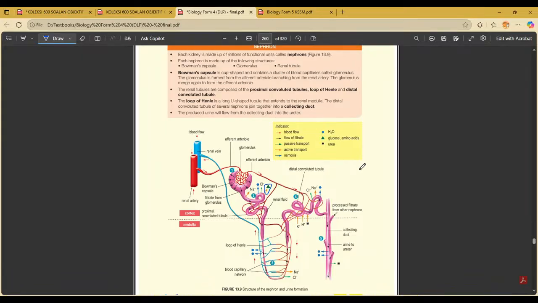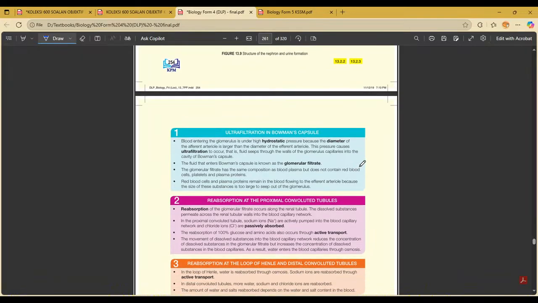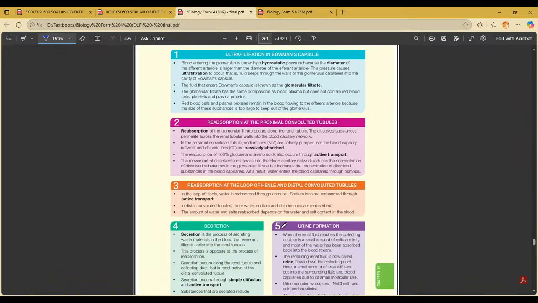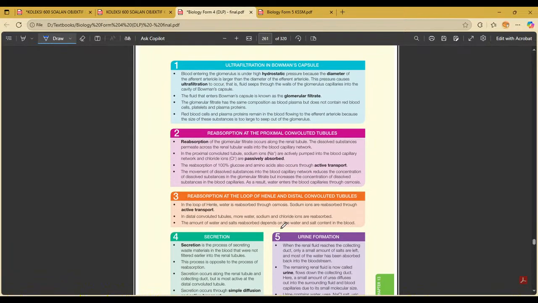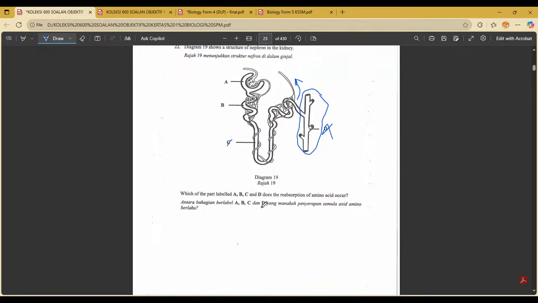Ultrafiltration. Reabsorption of 100% of glucose and amino acids occurs through active transport. So yes, it's not C, it's B.